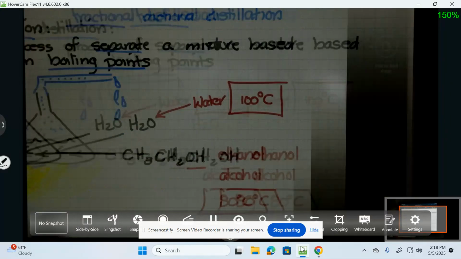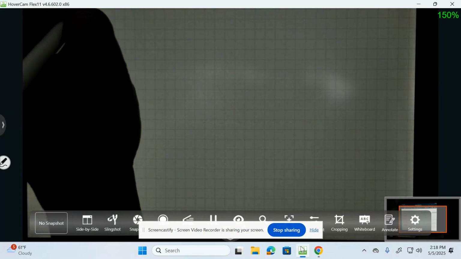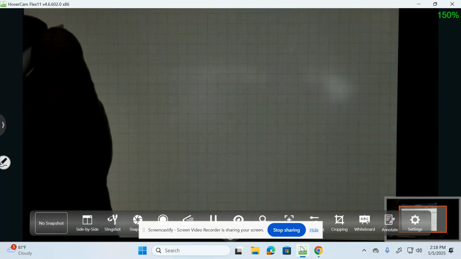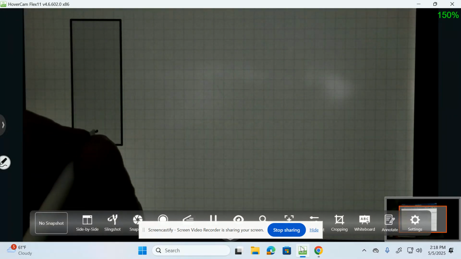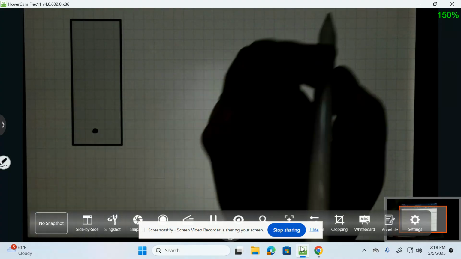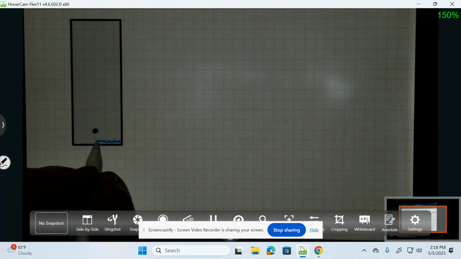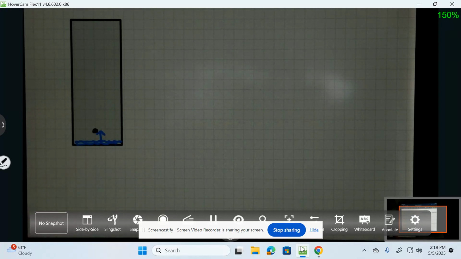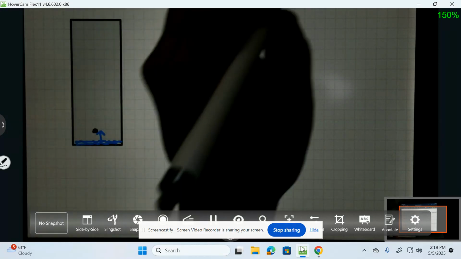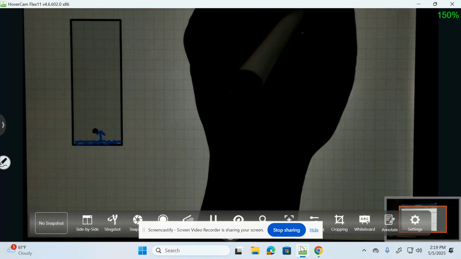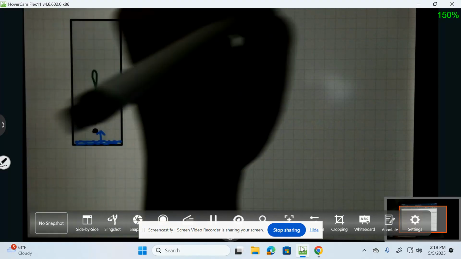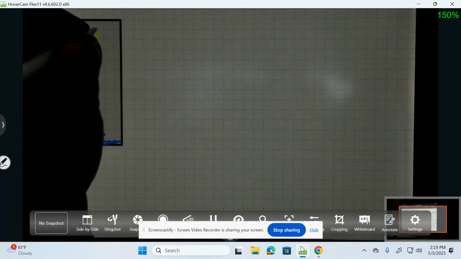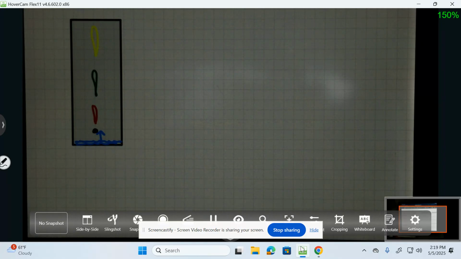All right, the last one that they have listed there is chromatography, and chromatography kind of looks like this. You got a piece of paper, you put a little dot on the end, and then the water that you just hit with the bottom of this little paper will start to move up the paper, and it will carry these dyes up the paper, and so they will separate out according to their different sizes.